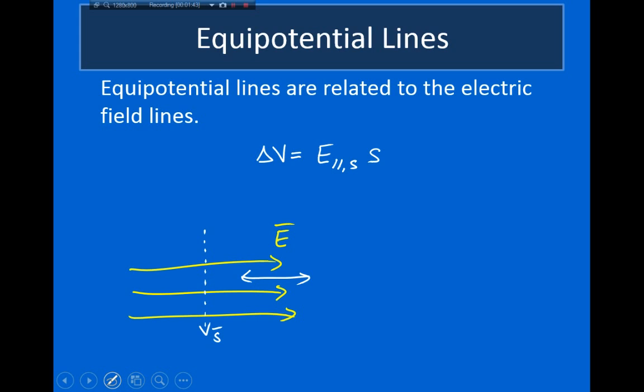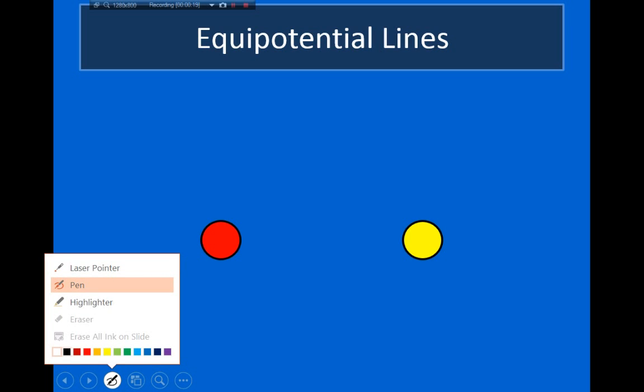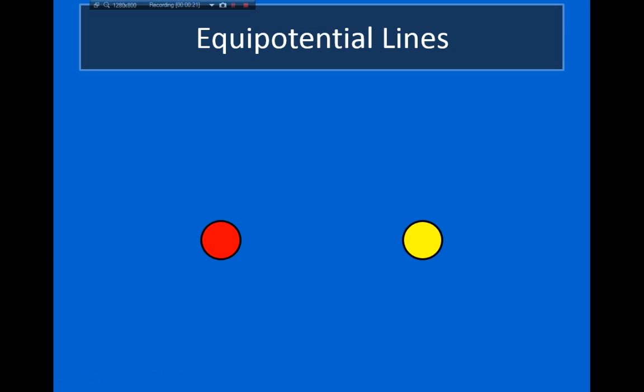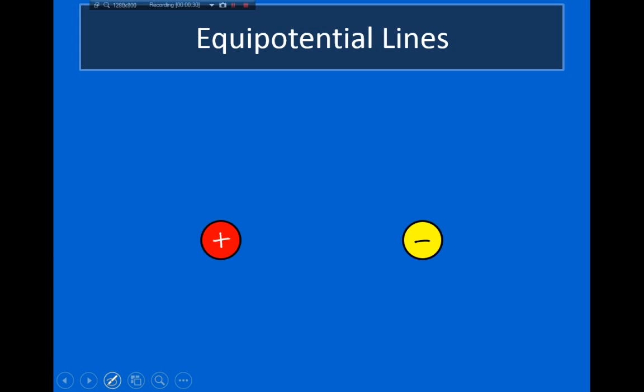And so the idea is that because the equipotential lines are always perpendicular to the electric field lines, the first step that we want to take is to draw the electric field lines. So if I have a positive charge over here on the left and this negative charge on the right, remember that the electric field lines always point from the positive charge to the negative charge. So my electric field lines are probably going to look a little bit something like this.